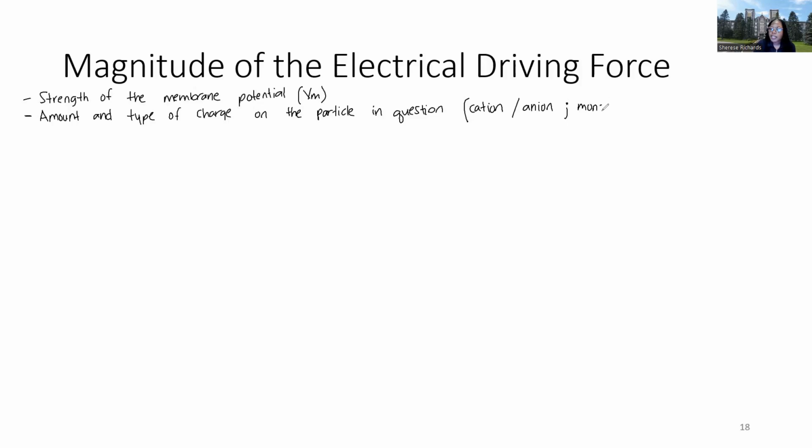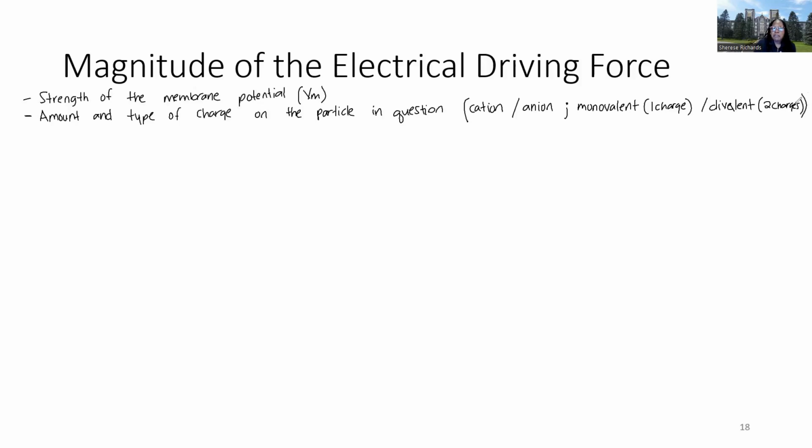and monovalent means one charge, whether that be positive or negative, or divalent, which simply means two charges, again, positive or negative.